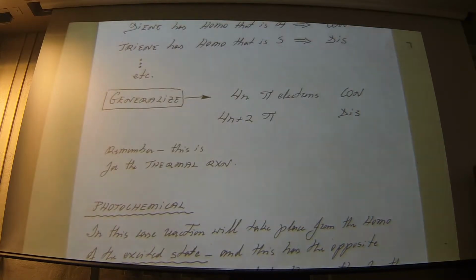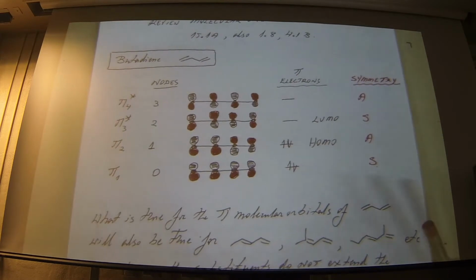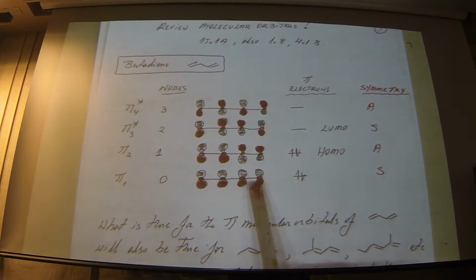Let's think about butadiene again and the orbitals that we had for butadiene. Okay, so here's butadiene, and let's imagine that I take butadiene and I shine light on it.